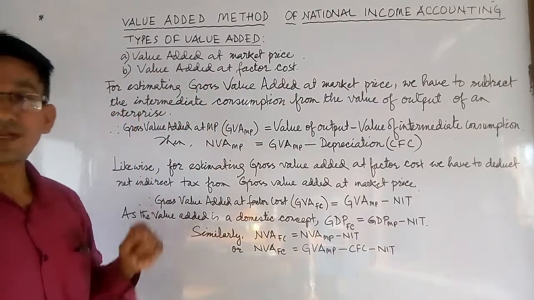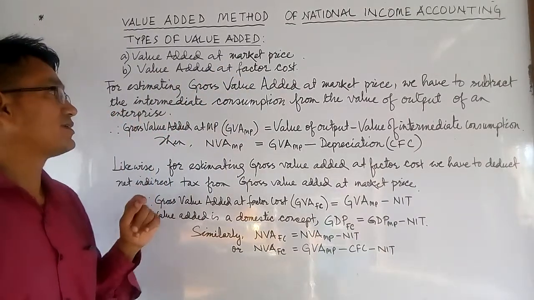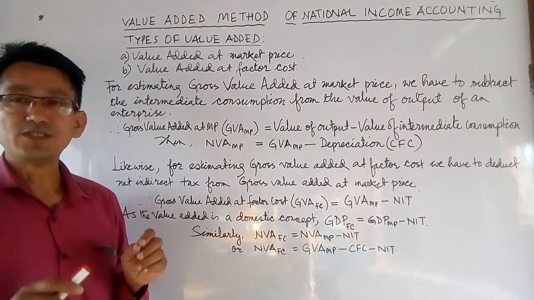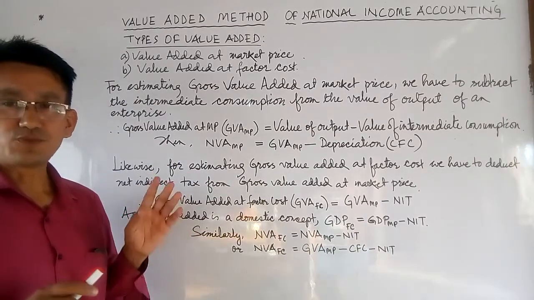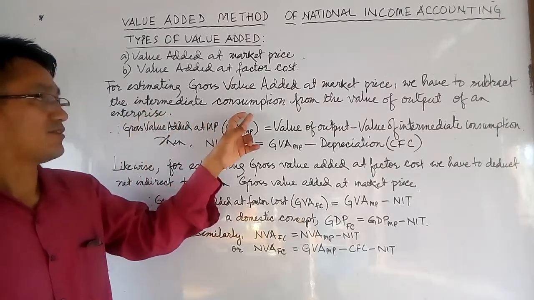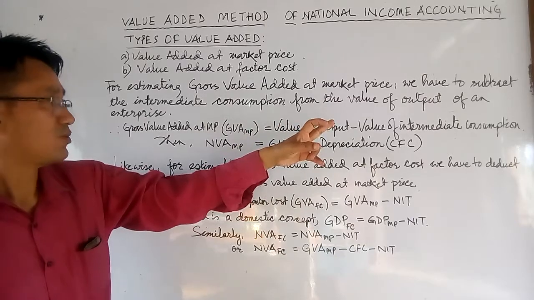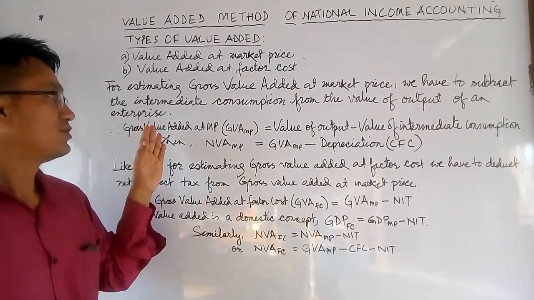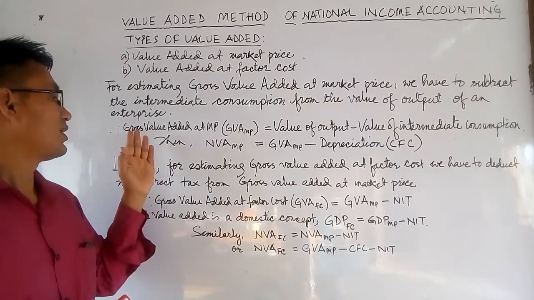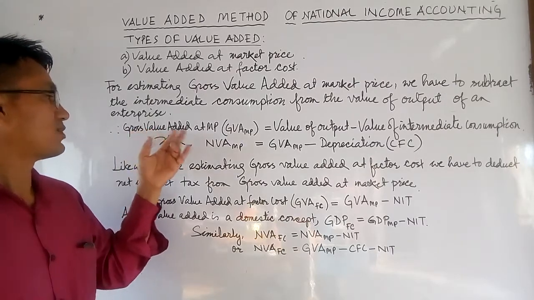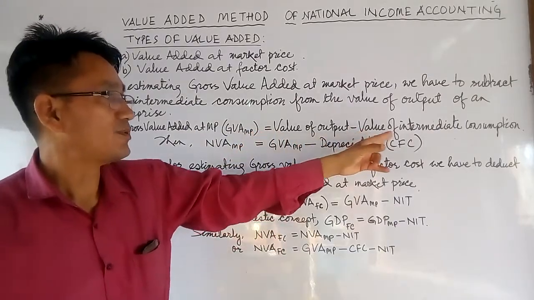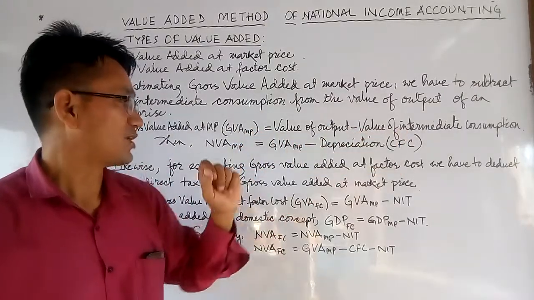So for estimating the gross value added at market price, we have to subtract the intermediate consumption from the value of output of an enterprise. Symbolically, gross value added at market price is equal to the value of output minus the value of intermediate consumption.